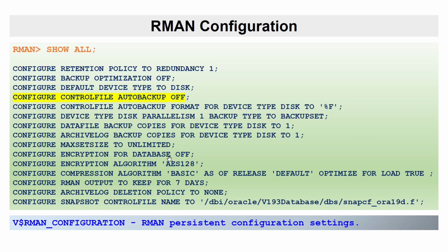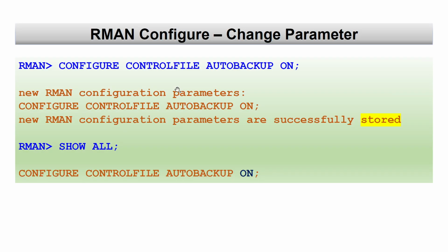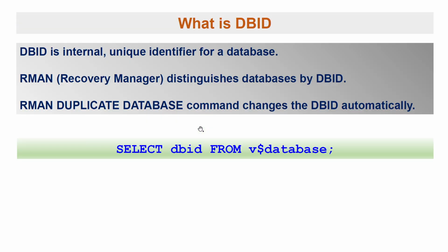If you have set encryption for database to on, it will try to create an encrypted backup. If you have set parallelism to multiple, then it will create multiple backup pieces. So basically, these parameters define how RMAN takes the backup or how RMAN stores the backup. This is the RMAN configuration, and you can change these parameters based on your environmental needs. You can use the CONFIGURE command and the SHOW ALL command to see these parameters.